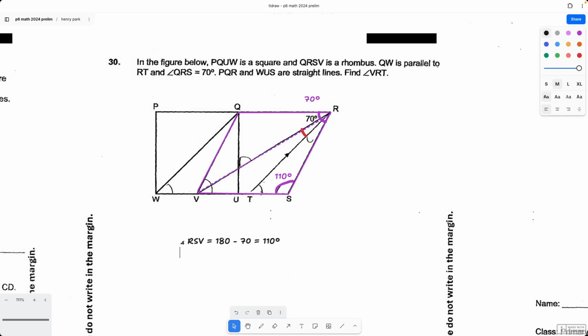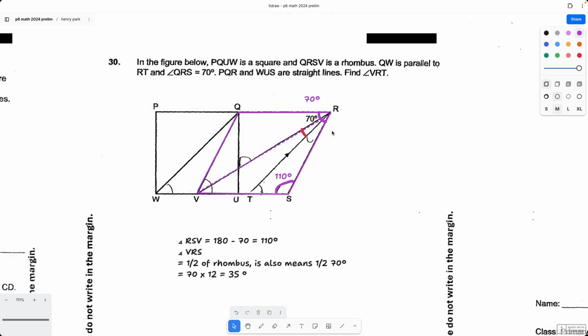So angle VRS is basically half of the rhombus, which also means half of 70 degrees, which is 70 times half, equal to 35 degrees in this case.